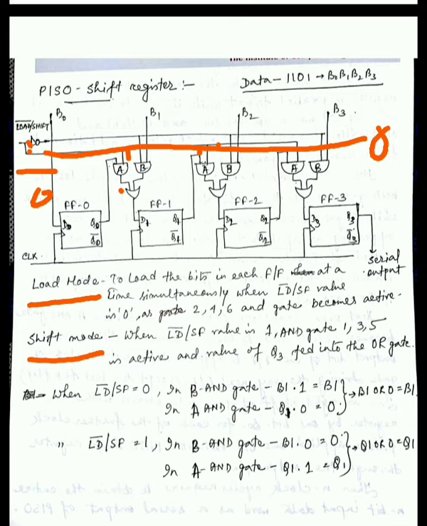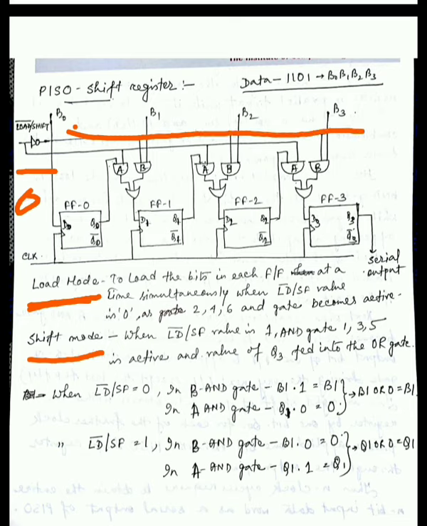Again, explaining: in load mode, whenever the input value is 0, the upper line is complemented. That means this line's value is 1. Whenever this line value is 1, it is connected with the B AND gate, so the B AND gate gets active. And the below line is 0.